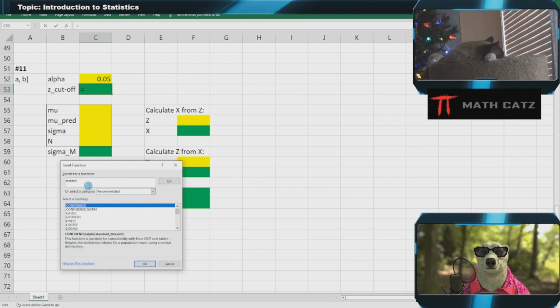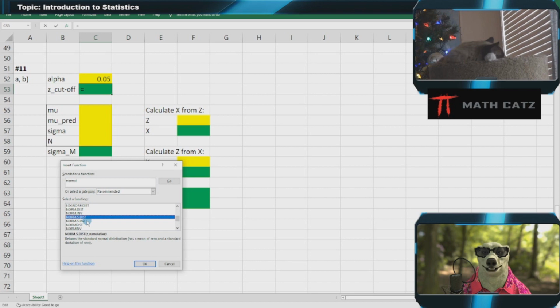Don't have to search for all the words. And I'm going to scroll down sometimes if I don't find what I'm looking for. Normal distribution. And there's also a very nice description here. Now we're working with a standard normal distribution. The z-score is where that comes from.